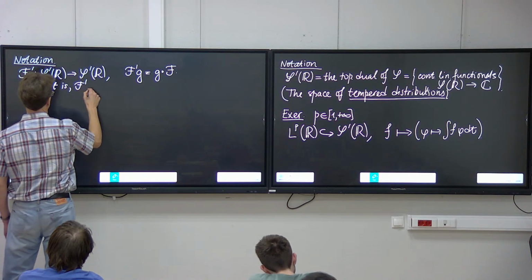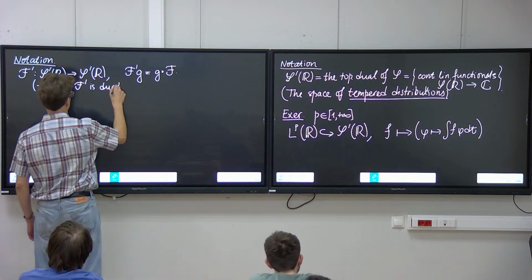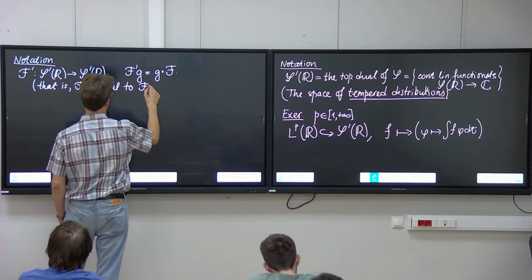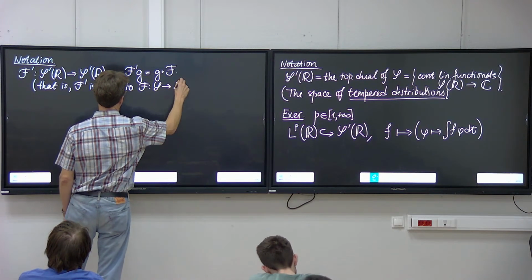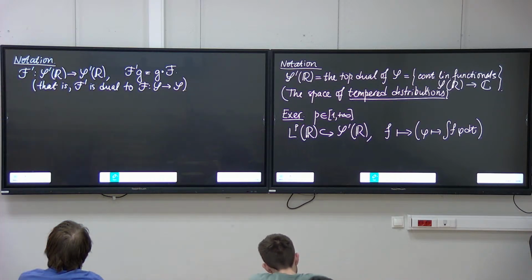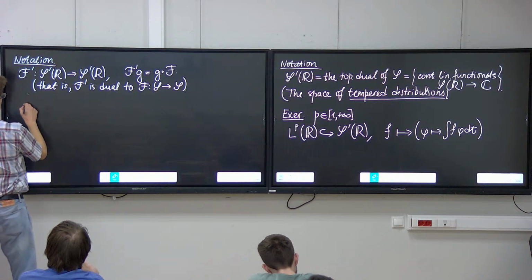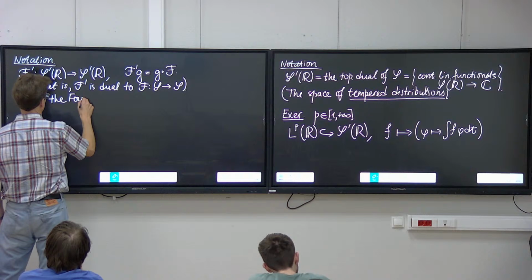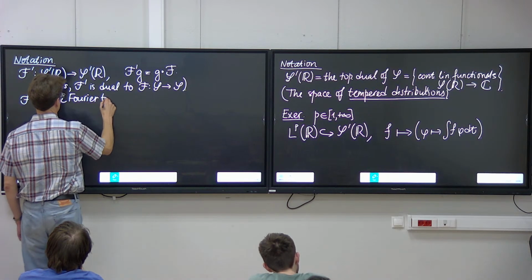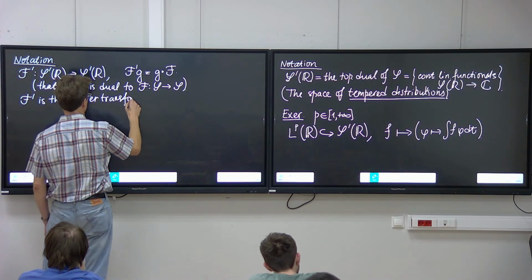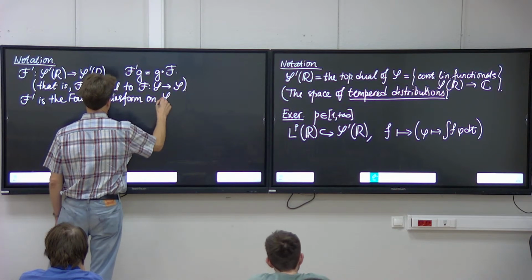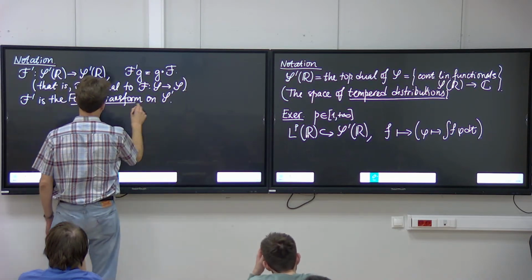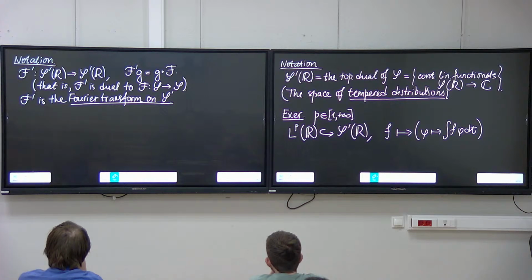F prime is dual to F, which acts from S to itself. And we call F prime the Fourier transform on S prime, the Fourier transform of tempered distributions.